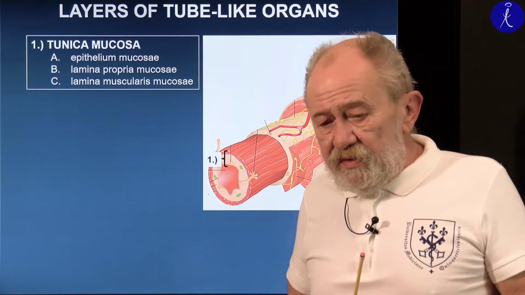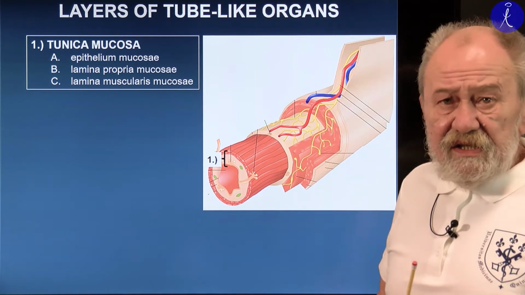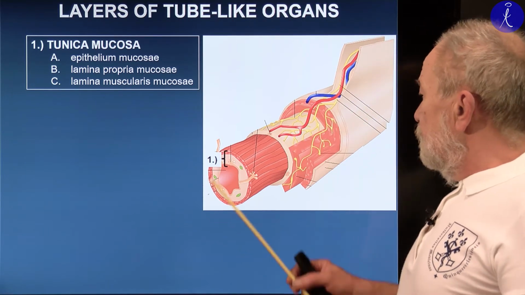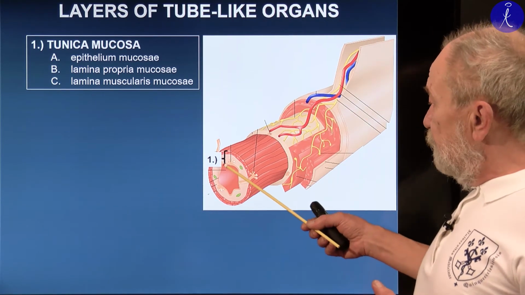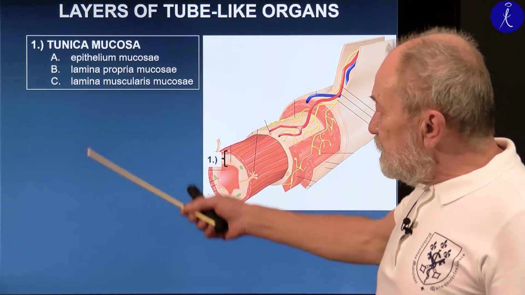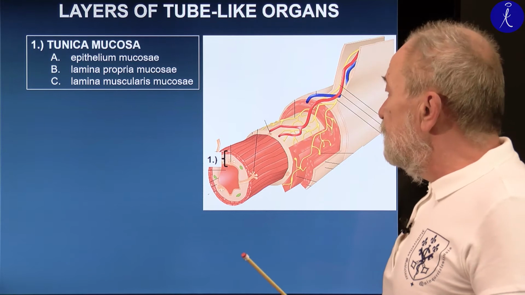The layered organs: most of the slides in this semester belong to that category. For layered organs the description should be started from the epithelial lining, as we said before. You must be fed up with these lists, but just let me repeat them.